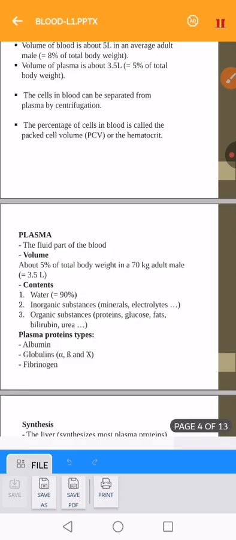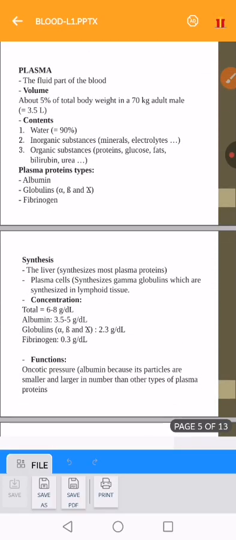So we start with the plasma proteins, where they are synthesized. The synthesis of the proteins occurs in many organs. The first one, the liver, synthesizes most plasma proteins, and the most important one is albumin. And we have the plasma cells. The plasma cells synthesize the gamma globulin, in the lymphoid tissue. What are the plasma cells? The plasma cells are the B lymphocytes.